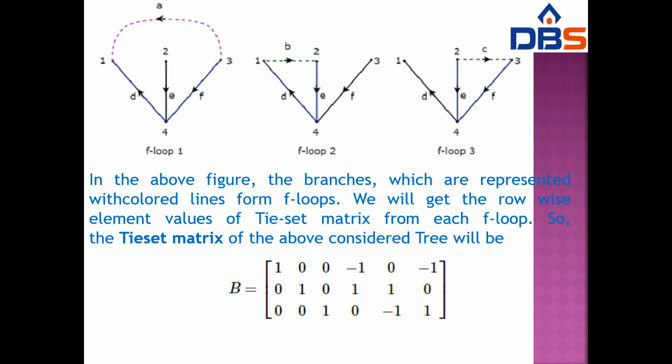So whatever the links are there, they give a unit matrix, and whatever the twigs are in the cut-set, that is called the identity matrix. Based upon the loops and links, it is called the tie-set. Based upon the cut-sets and twigs, it is called the cut-set matrix. So this is about the tie-set and cut-set matrix. Thank you.